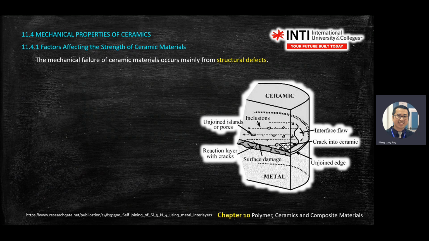This diagram tells you very directly by graphic. You have pores, meaning holes, inclusions, a layer of crack, surface damage, unjoined edges, cracks in the ceramic, and interface flaws. So basically these are all the defects that might affect the mechanical properties of ceramic materials.